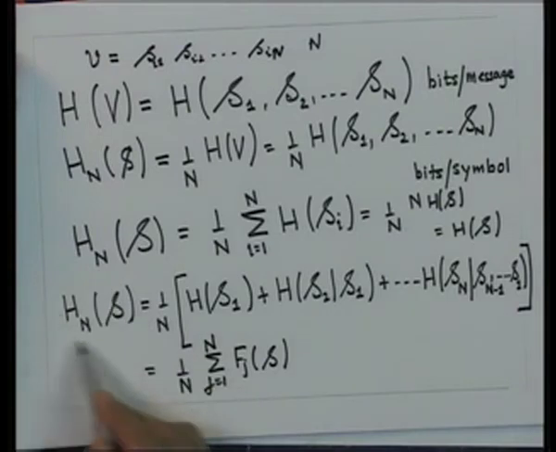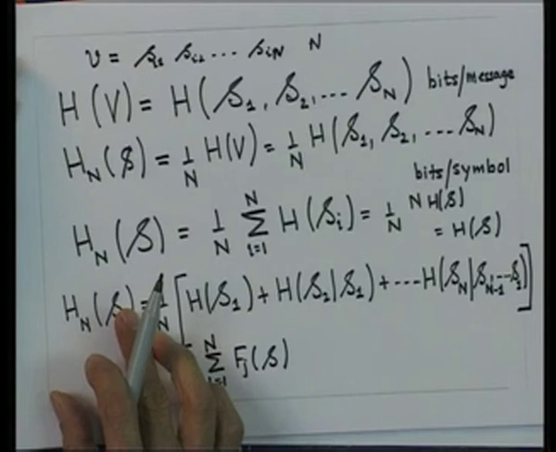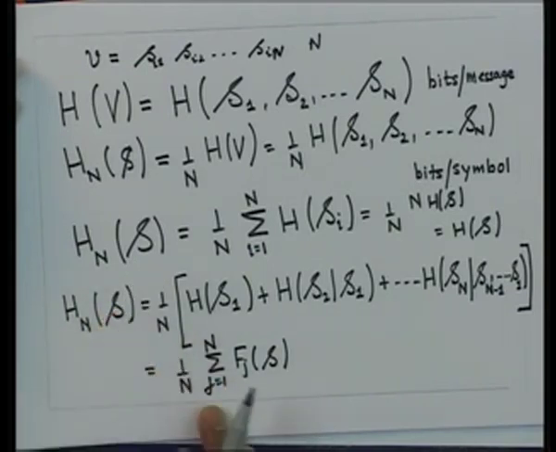So this I get as an average information per symbol, and that is related to 1 by N summation of Fj(S).